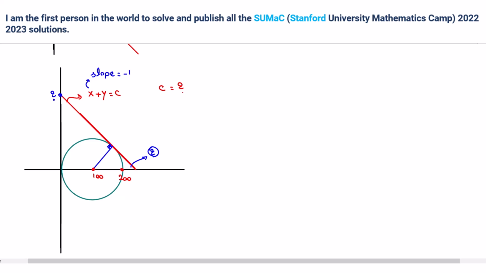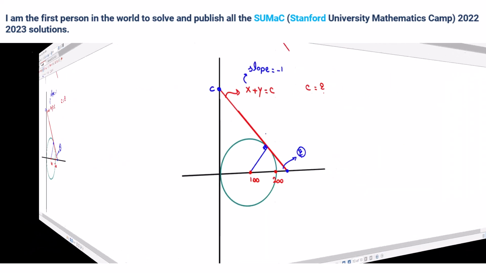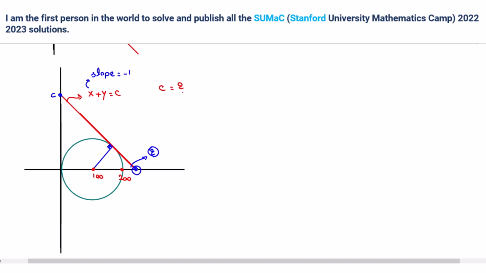This point is what? This point is C. Look, the x-intercept of this line is what?